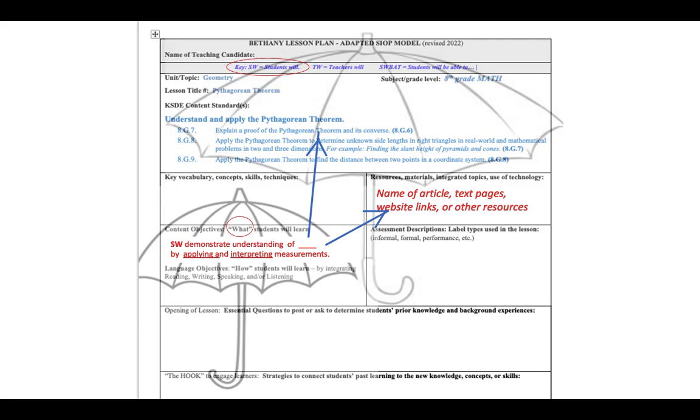It has to relate to your reading material too. Again, if we look at this simple content objective, we can apply it to Bloom's levels. Applying and interpreting would be application and analysis. So it is using higher level thinking.